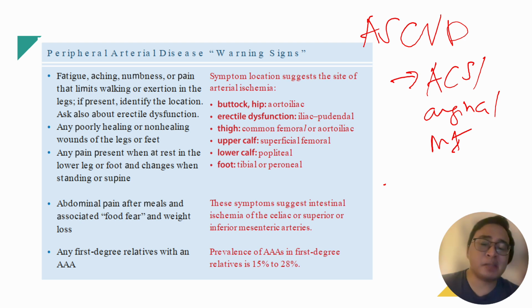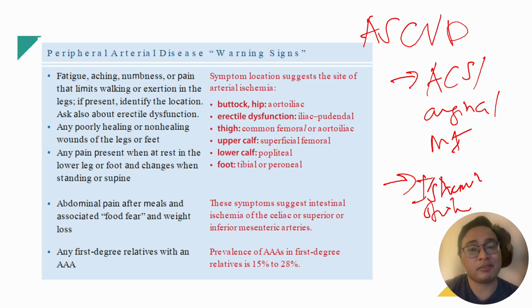If it happens in the cerebral arteries, it's going to manifest as an ischemic stroke. Okay? But if the obstruction happens in the peripheries, then it's going to manifest as peripheral arterial disease. So the location of the symptoms is going to help localize the blood vessel involved, or the artery involved.